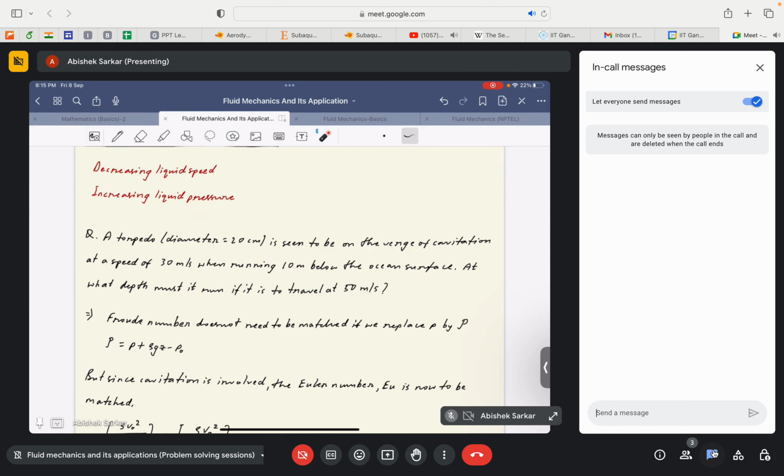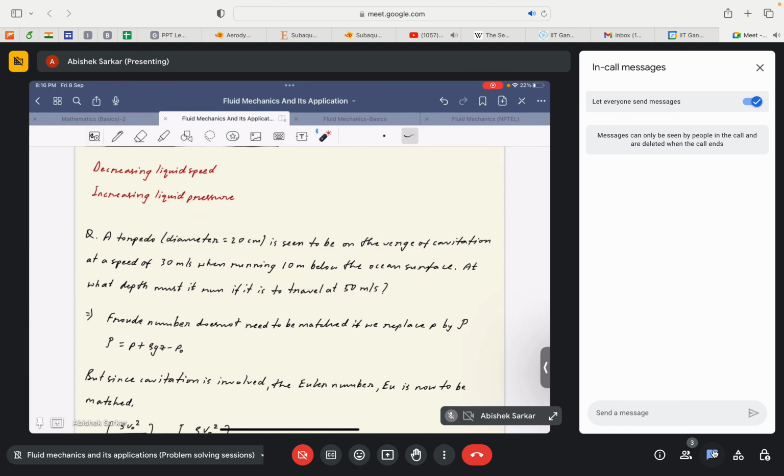So the parameter that they are changing is actually the velocity, but the things that are kept constant are the torpedo diameter and the fact that the torpedo would remain on the verge of cavitation. This is also important. So this is not changed in both the instances.